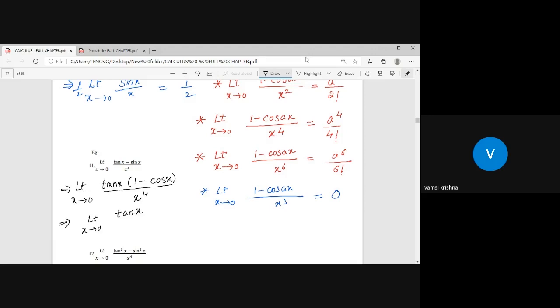Because of this reason, I want to take some x from this x power 4, and I can distribute the limit also one more time. I hope you can understand. Limit x tends to 0, 1 minus cos ax by x cube. So this x power 4 is divided like x into x cube just for my requirement.